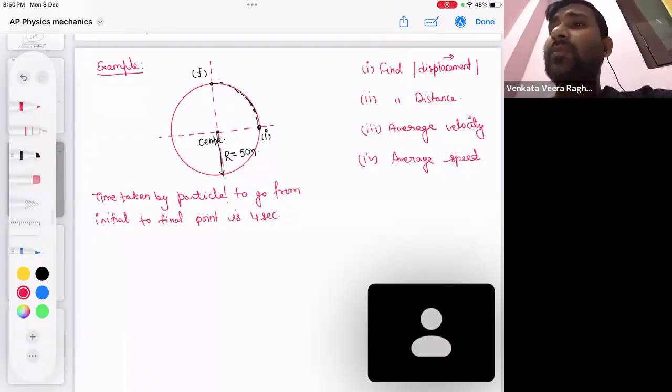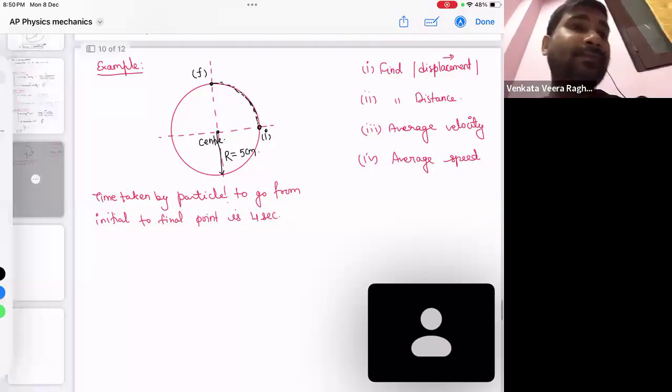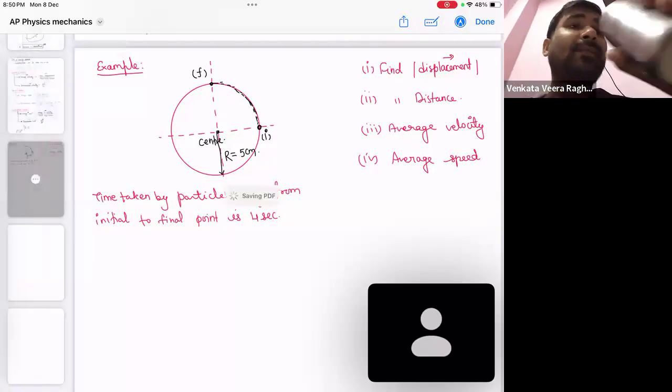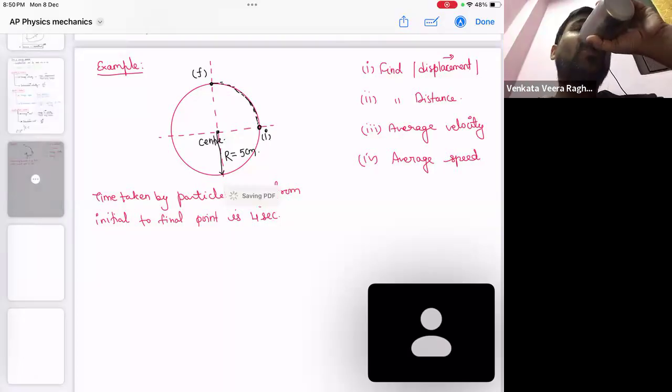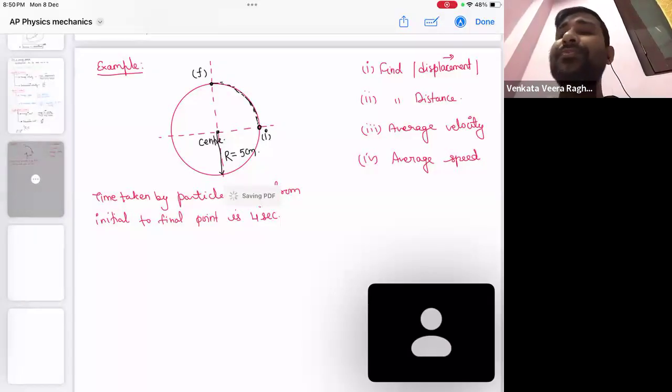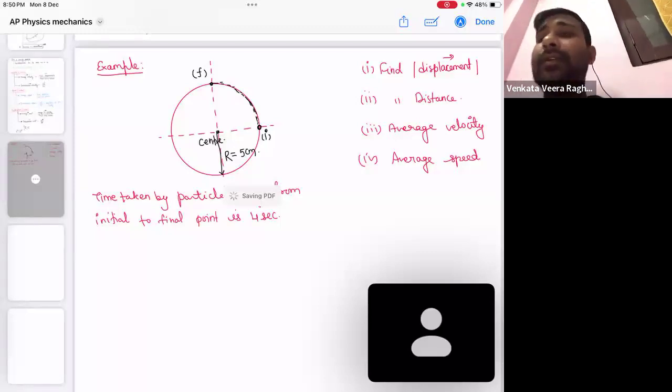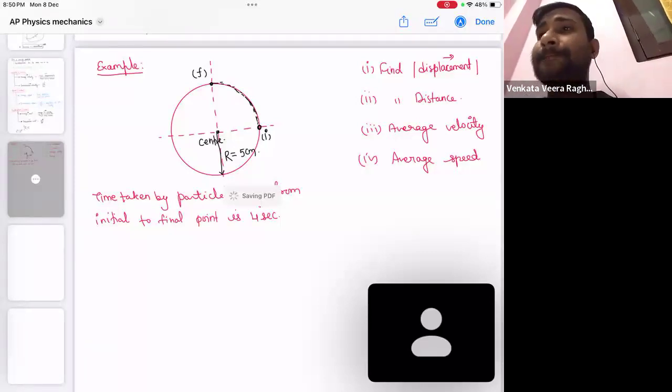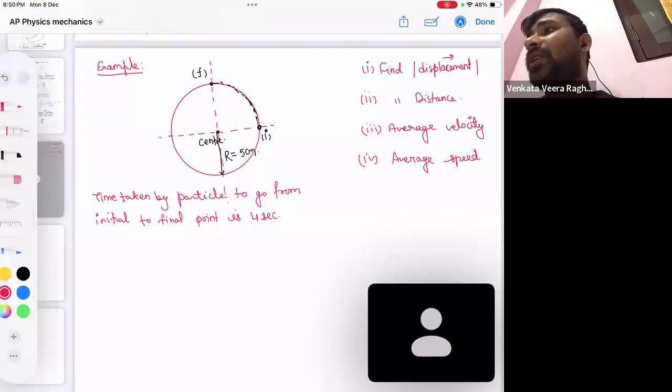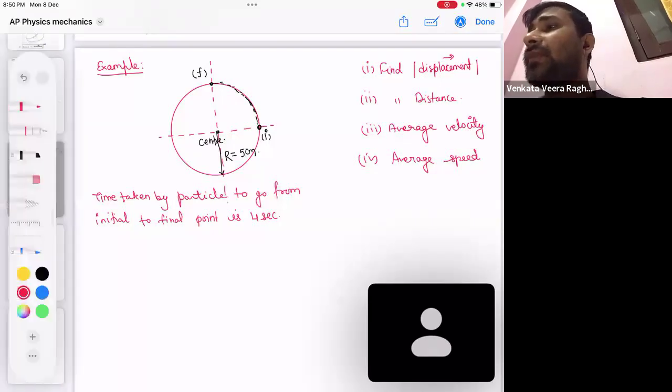So please tell me first, what is going to be the displacement? How do we calculate the displacement? What does it mean by displacement?